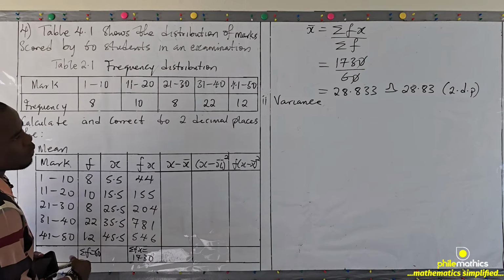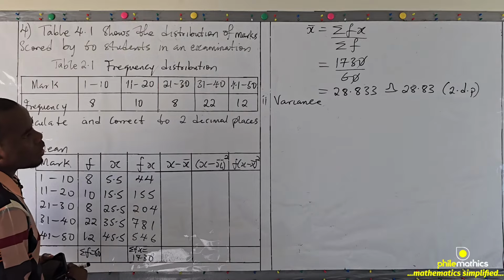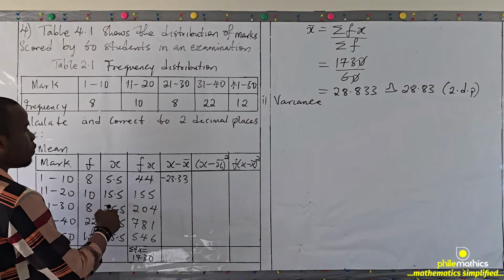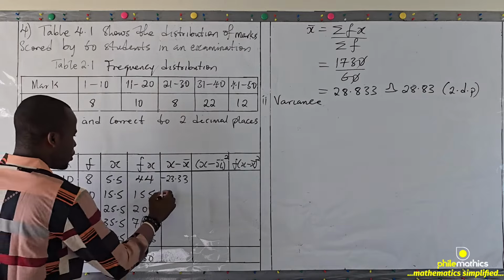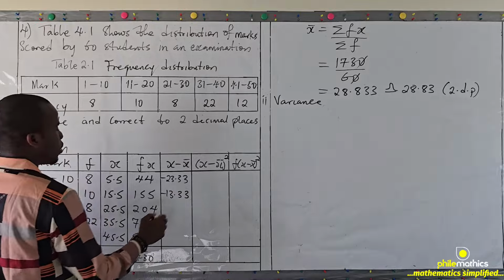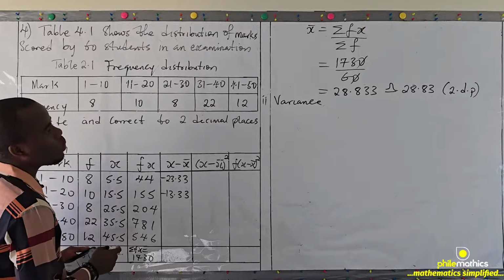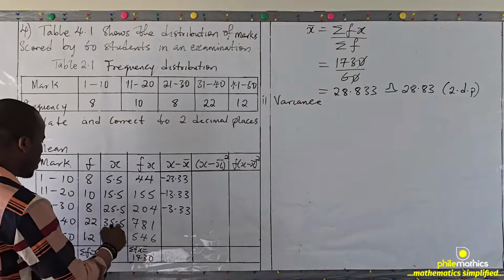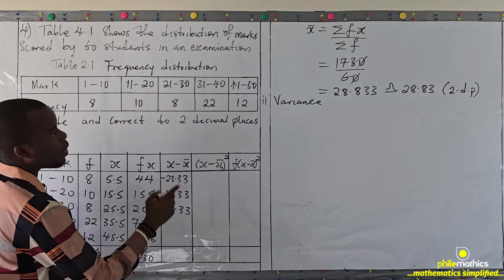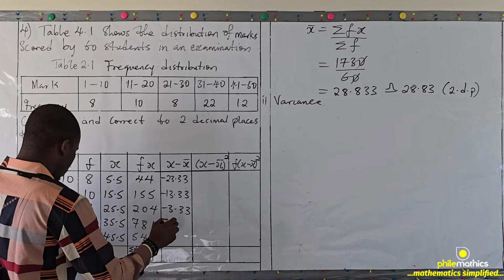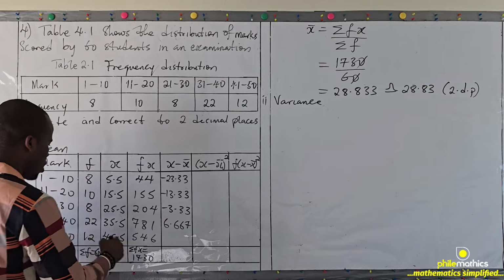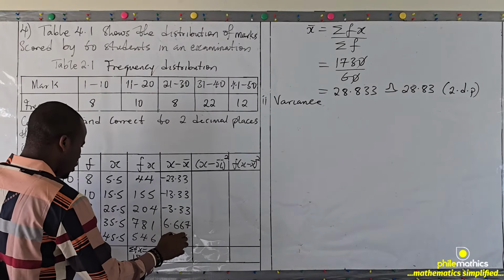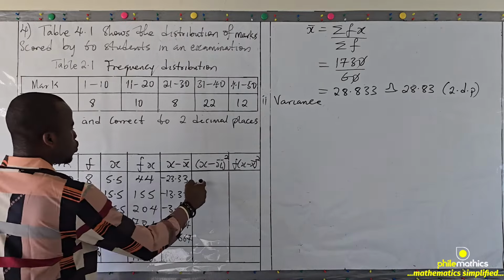That means 5.5 minus 28.833 is minus 23.33. 15.5 minus 28.833 is minus 13.33. 25.5 minus 28.833 is minus 3.33. 35.5 minus 28.833 is 6.667. 45.5 minus 28.833 is 16.667. And so next we'll square.